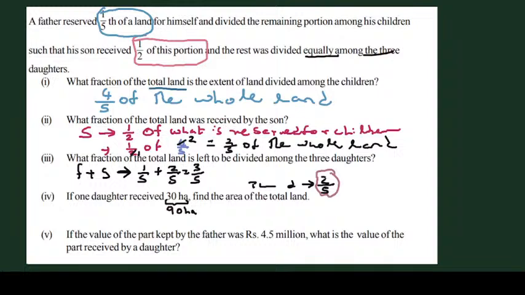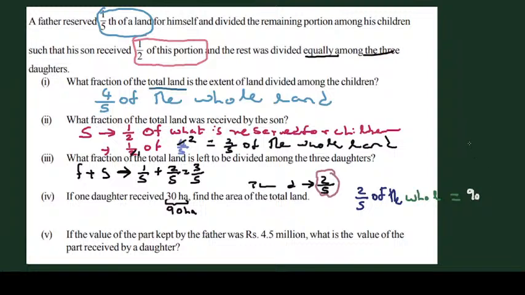Now we can connect 2/5 with 90 hectares because 2/5 is the amount of land all three daughters got, and 90 hectares is the amount of land all three daughters got. So we can say 2/5 of the whole land is equal to 90 hectares.